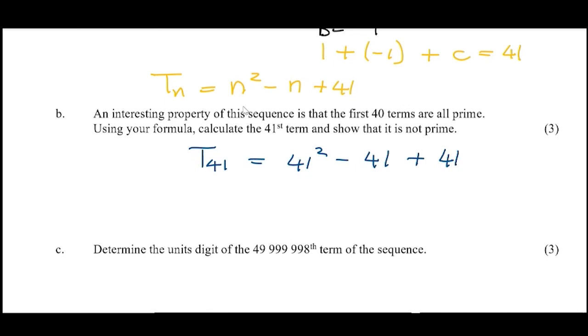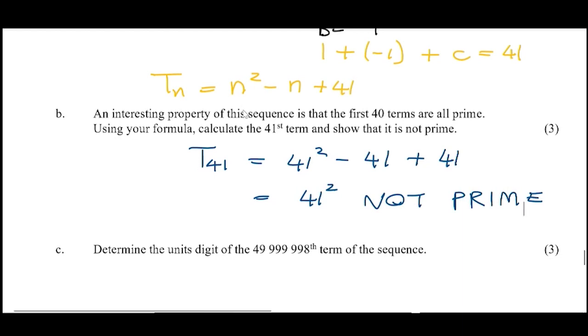And this is actually 41 squared. And 41 squared is not prime, because it is obviously 41 times 41, which means that 41 is a factor. So it is not a prime number.